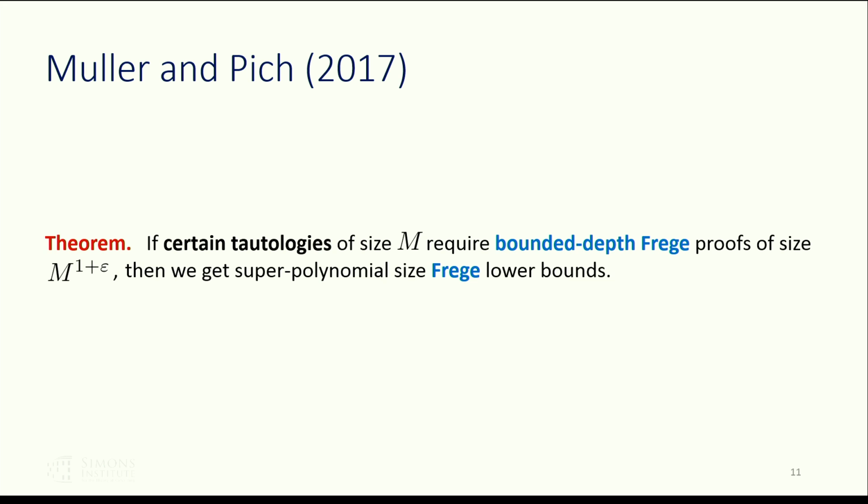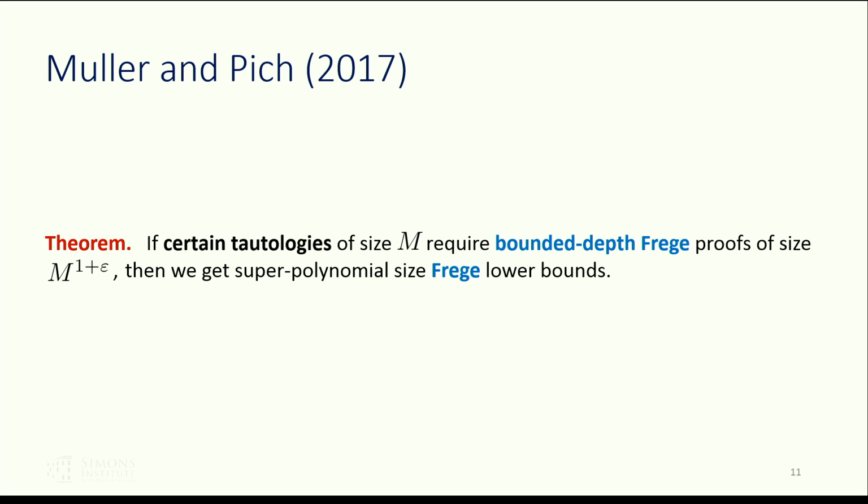Now, I'm talking about proof complexity only on this slide. They show that there are some specific tautologies of size m, and if these tautologies require bounded depth Frege proofs of almost linear, like superlinear, size, then we get a superpolynomial size lower bound for Frege systems, which is a major open problem in proof complexity.